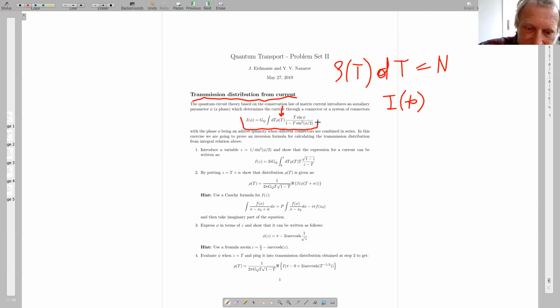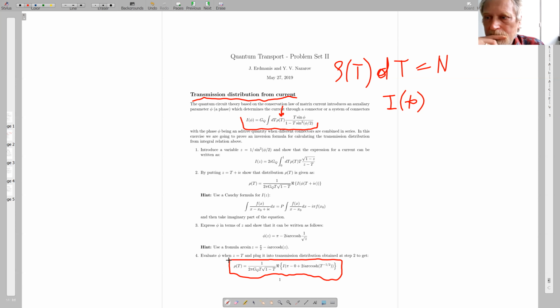And applying this theory, we arrive at the inverted formula. The price to pay is that we have to take the I-phi characteristics at a complex segment. And one has to be a little bit careful from which side you approach this complex segment.